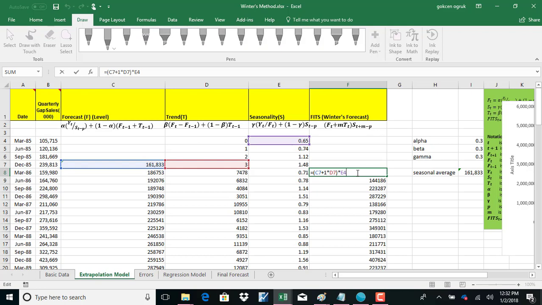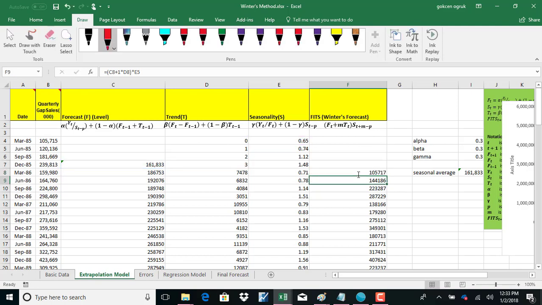Therefore, since we are forecasting F at t plus 1, we will use the level at time t, which is 161,833. We have to go back 1 period. Then we add m, which is 1 times the trend at t, and trend at t is 3. This sum is multiplied with the seasonality index of quarter 1 of the previous year. So that is our forecast including trend and seasonality.